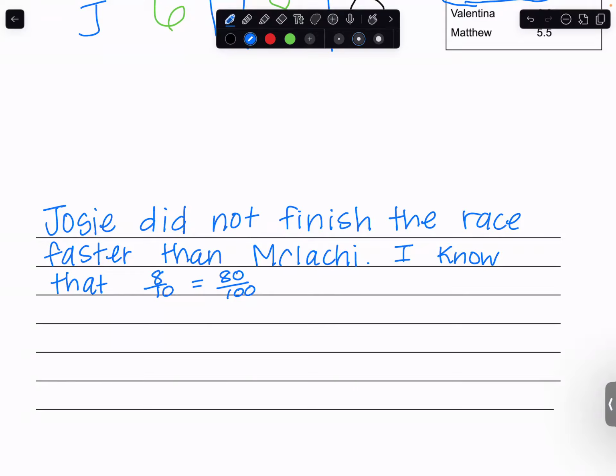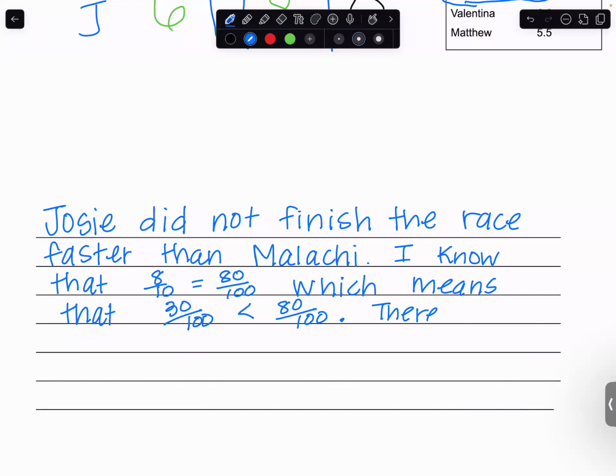I know that 8 tenths is equal to 80 hundredths, which means that 30 hundredths is less than 80 hundredths.